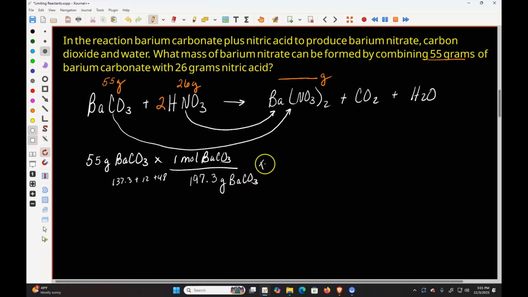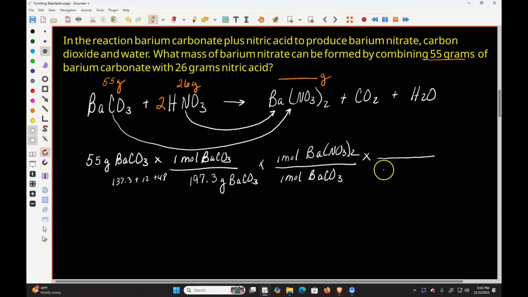Barium carbonate. My ratio step, I'll have 1 mole of barium nitrate per 1 mole barium carbonate. Let's convert 1 mole of barium nitrate into grams.